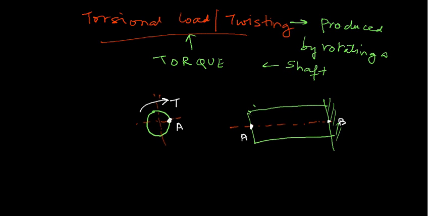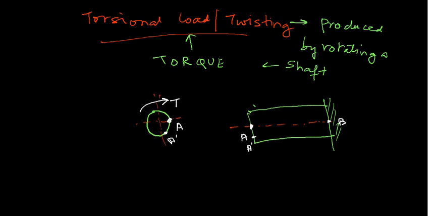Now when you're turning it, let's come to the elevation again. When you're trying to turn it by applying a torque T on the free end of the shaft, this point A will move here and will come to a position A dash. So if I visualize it on the side view, it will be somewhere here. Let's say this is A dash.